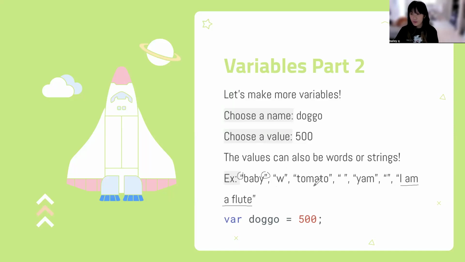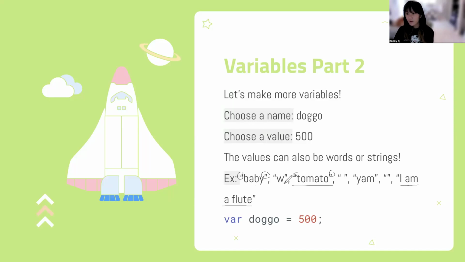Even the sentences are considered strings as long as they are within those two quotation marks and they cancel out. For example, if you wrote the word tomato inside of a program, the code has no idea what a tomato is until you define it as something. So if we put it inside the string value, or these two quotation marks, it'll say, oh, it is a string, and that is how I will treat it.